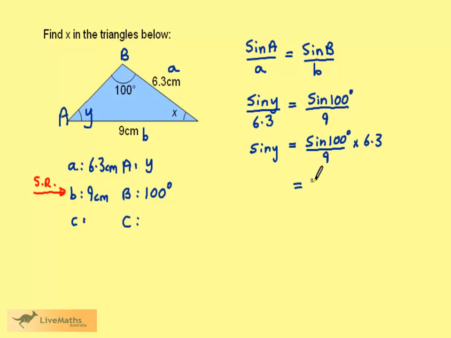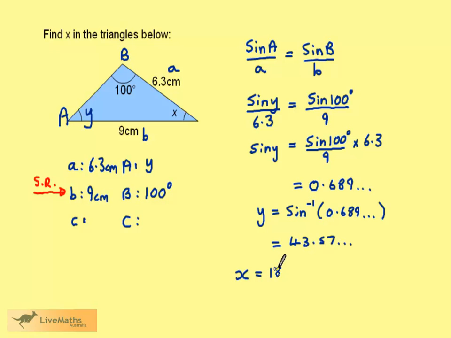Calculating this gives 0.689 and so on. And so y is going to be the inverse sine of this last answer, 0.689 and so on, which is 43.57 and so on.